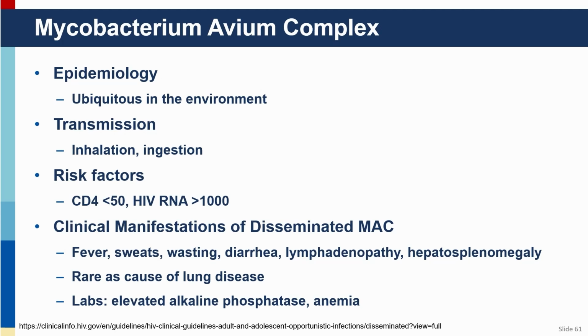This is not spread person to person. This is everywhere in the environment, in the air, in dust, in your potted plants at home. So you get this by inhalation, and yet if you're immunologically normal, you almost never get Mycobacterium avium disease unless you have structural lung disease.